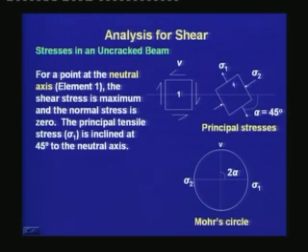But at a surface which is inclined at 45 degrees, we have the principal stresses. On one side there is the principal tensile stress, and on the perpendicular side we have the principal compressive stress. The magnitudes of sigma 1 and sigma 2 are the same under pure shear.